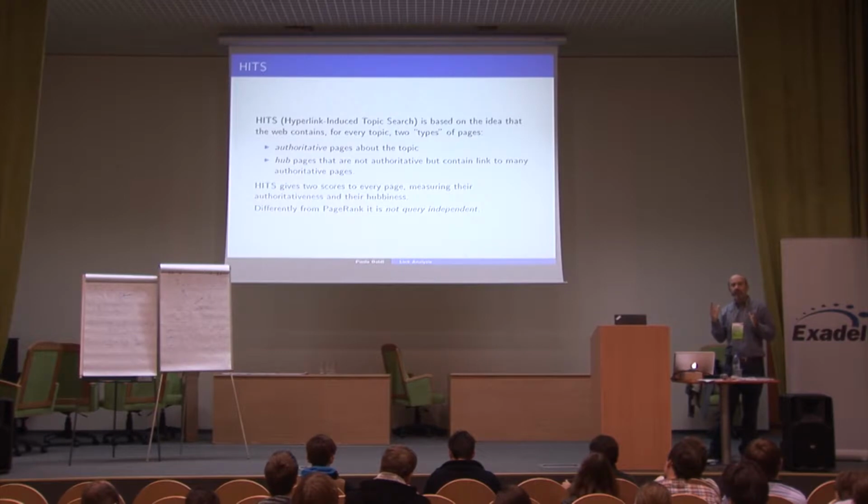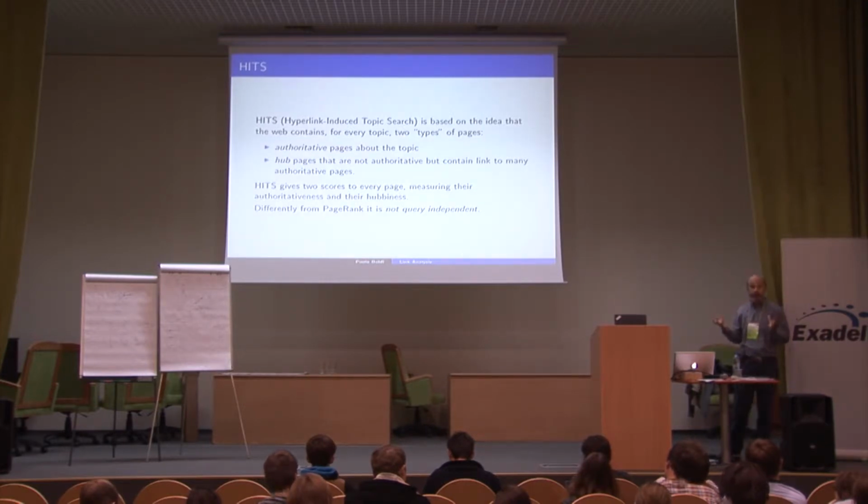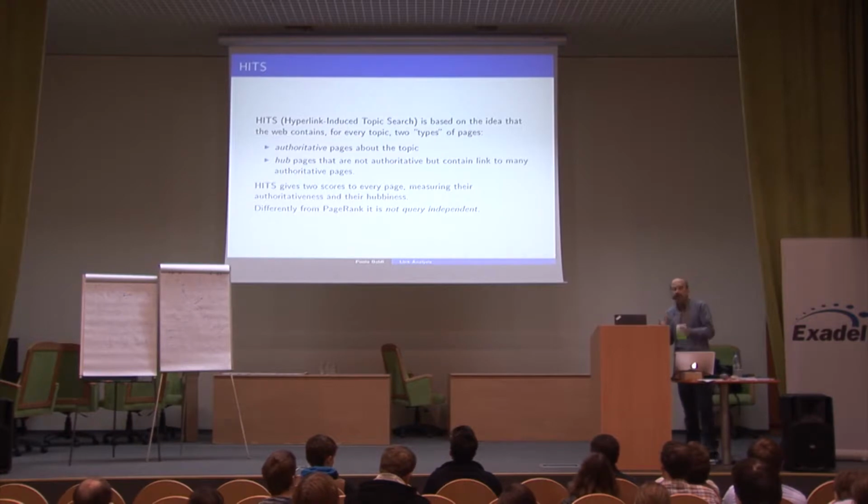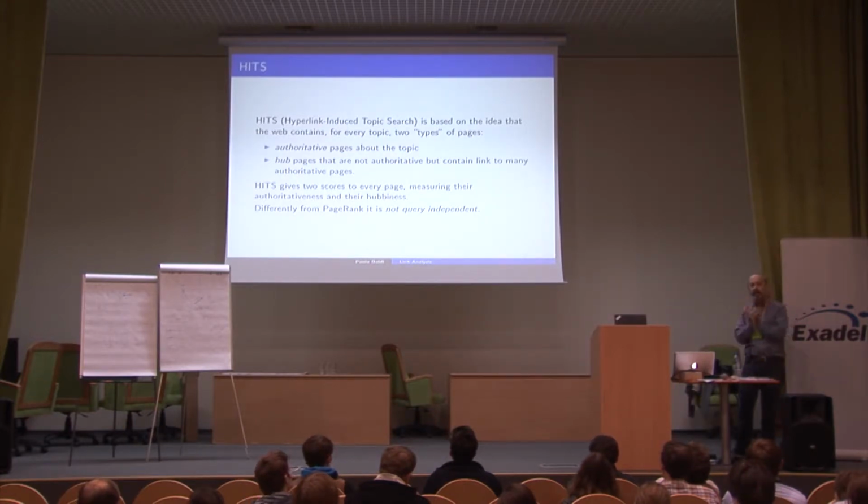The preselection serves to reduce the size of the graph and to concentrate on a smaller graph that will be a subgraph of the original web graph. And then on this subgraph you compute HITS. So the query dependence is only in the first part, in the selection. Once you have selected the subgraph, HITS is a simple computation on the subgraph itself. So it's partially query dependent in the sense that, as it was defined, the query serves to select the pages.